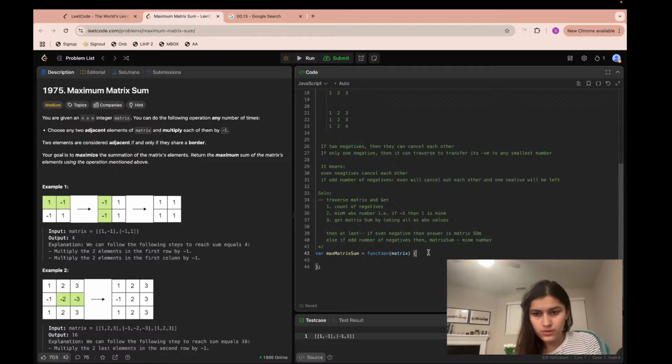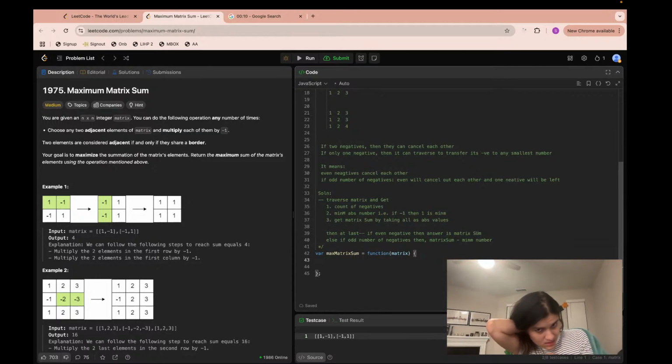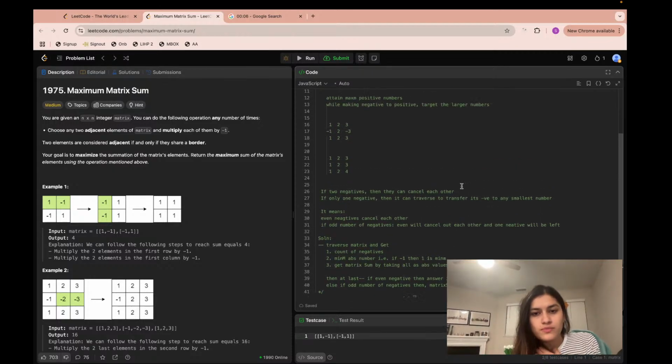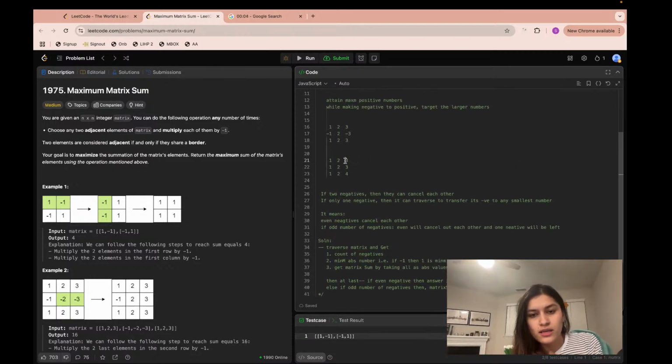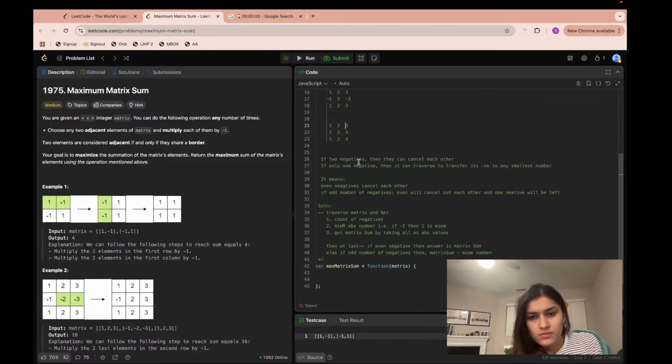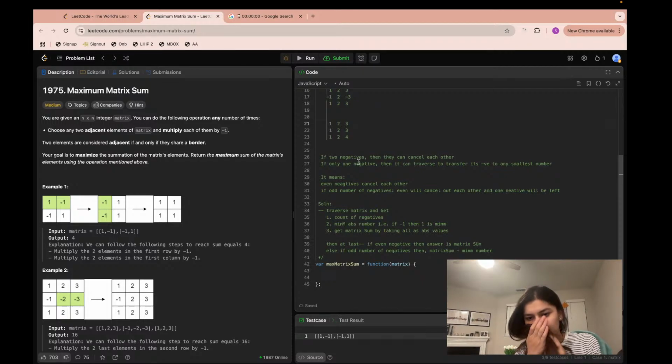So let's do it then. Yeah, I think this is it, because I'm just trying to foolproof verify that this is the solution. So any two adjacent numbers I can multiply by -1.